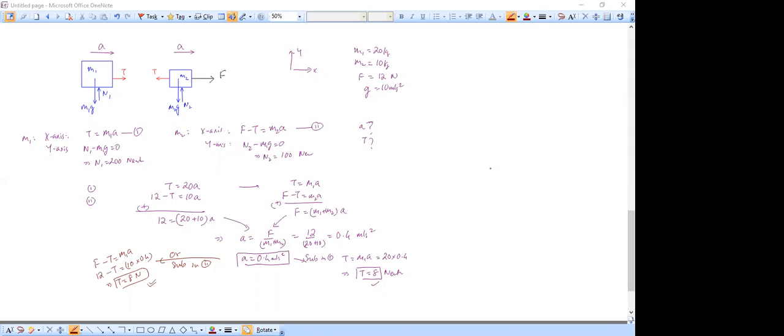Okay, so hope this is clear, people. Now we'll just look at a couple of doubts in the exercise problems that have been sent to me. So Newton's laws, module 1, that is chapter 2.